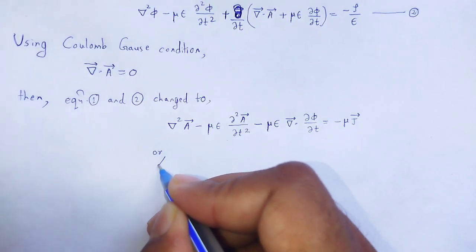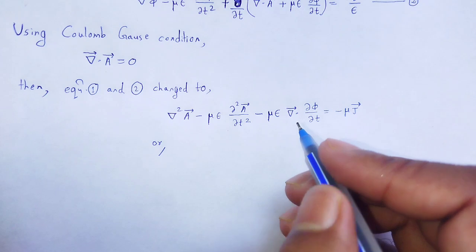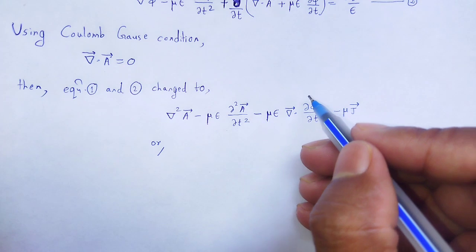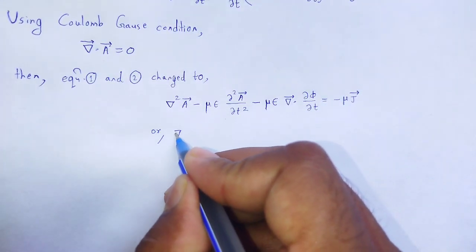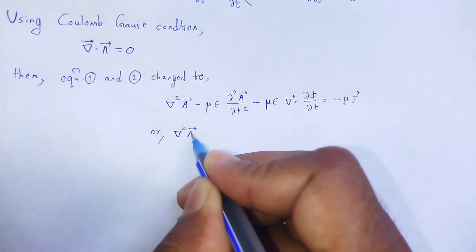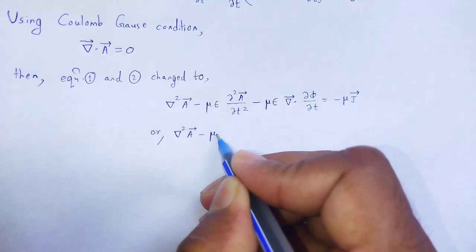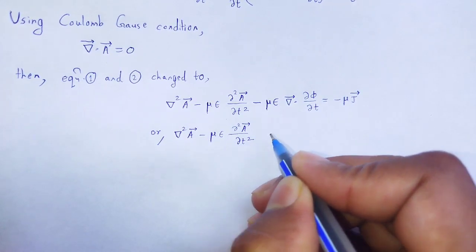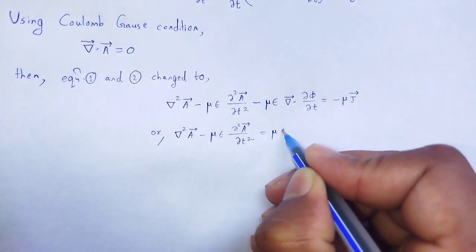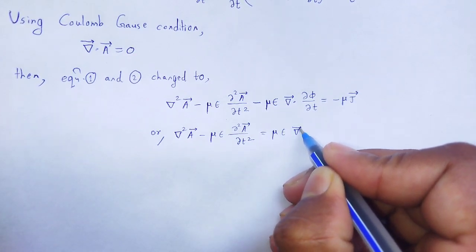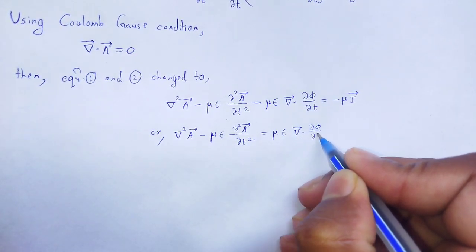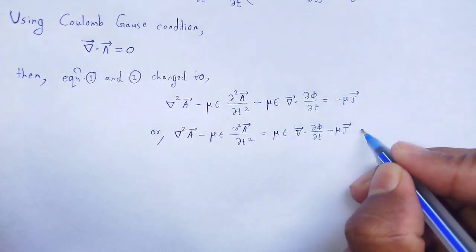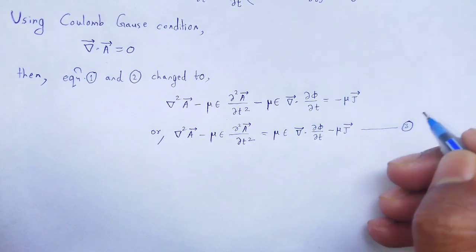Or, taking that term to this side: grad square A vector minus mu epsilon del square A vector by del t square is equal to mu epsilon grad del phi by del t minus mu j vector. That is equation number 3.